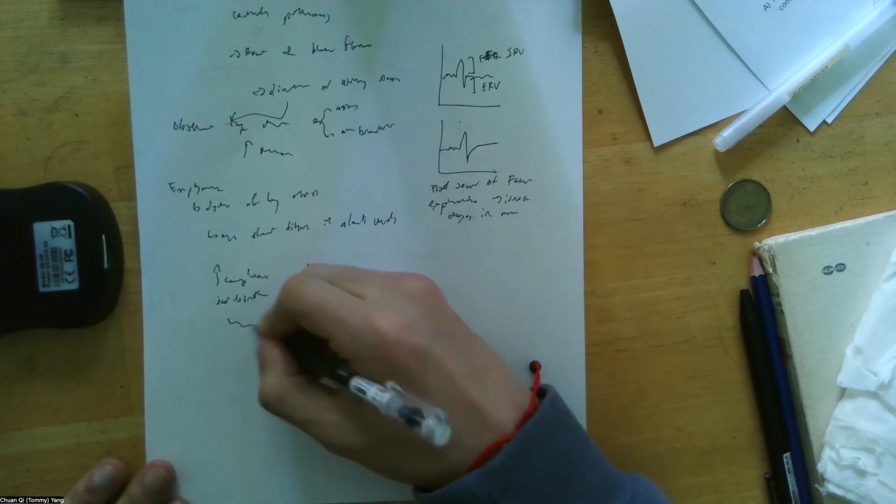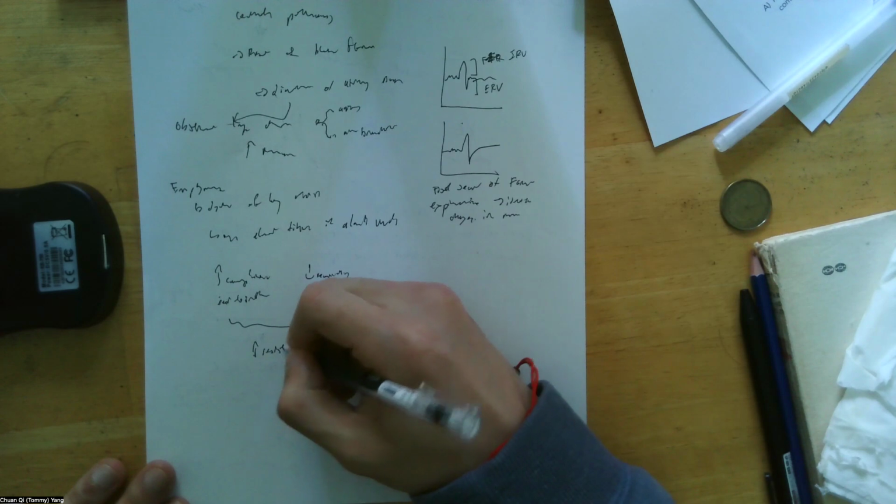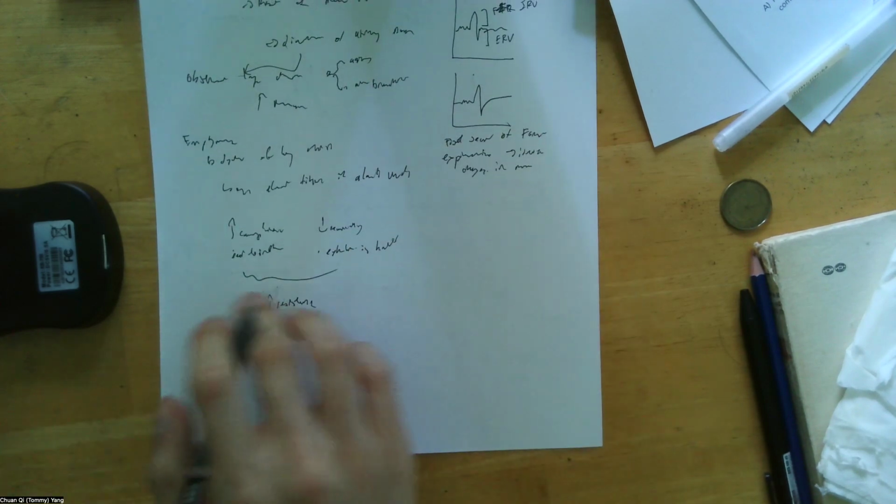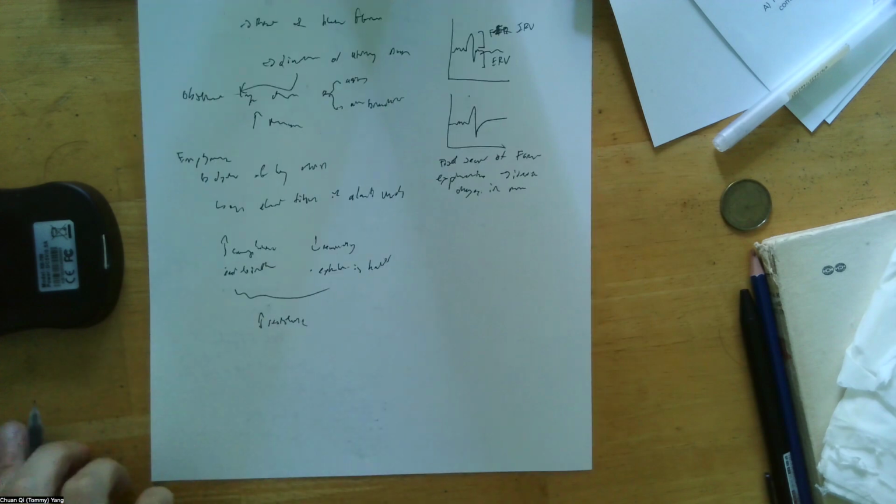Emphysema can have similar effects to increase resistance. Because remember, resistance was about the amount of energy it takes to move a given amount of air. And it resembles more those seen in obstructive lung disease because exhalation is more affected than inhalation. This leads to a reduction in gas exchange surfaces, and this leads to an increase in respiratory rate.